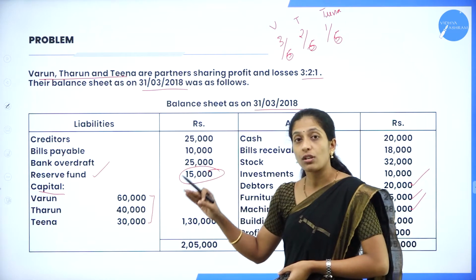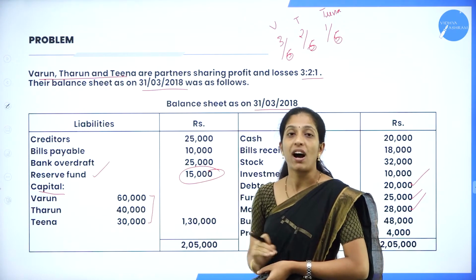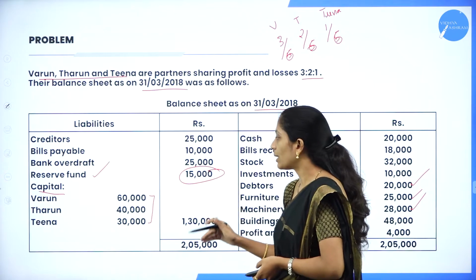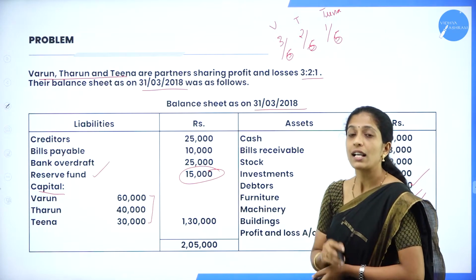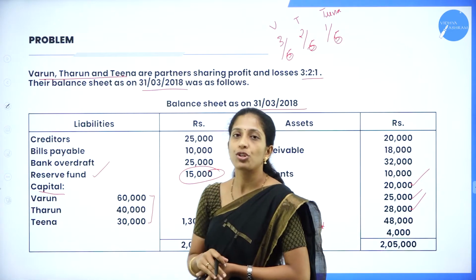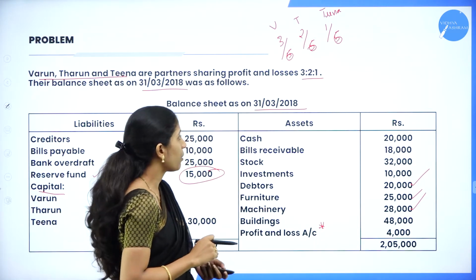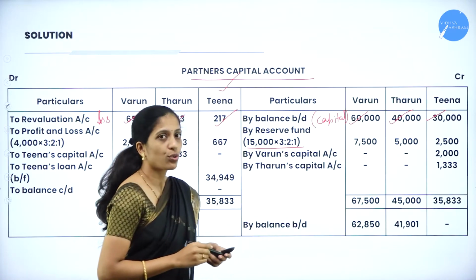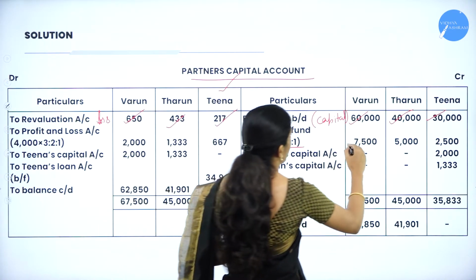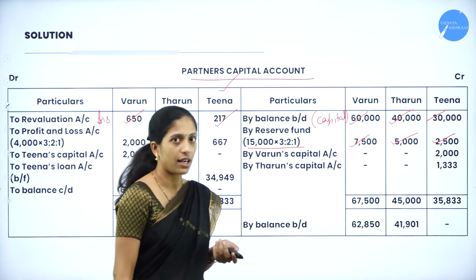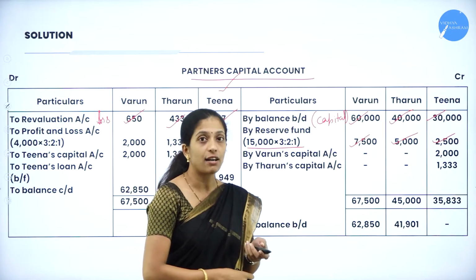Because he or she is also a part of this reserve fund. So, it has to be distributed to all the partners. So, how to record? By reserve fund 15,000 into 3:2:1, when you distribute, you will get 7,500, 5,000 and 2,500. So, this is about reserve fund.